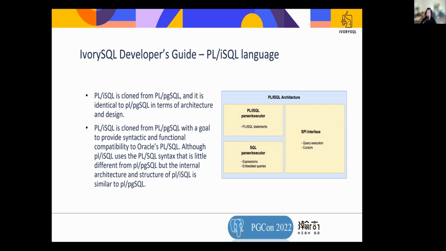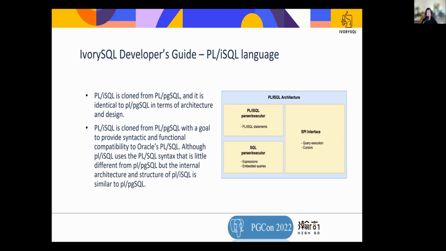It has the same PL executor for the statements, the SQL executor for expressions and embedded queries, and the SPI interface for query execution and cursors. Because PL/iSQL is cloned from PL/pgSQL, it has the goal of providing syntactic and functional compatibility with Oracle's PL/SQL.